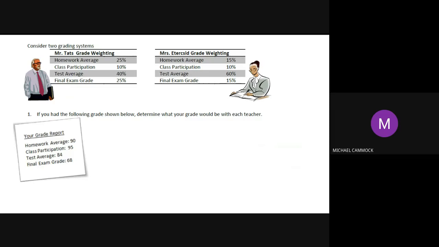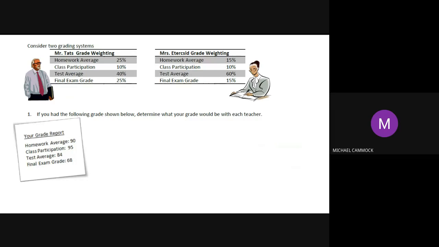Okay, so this is a weighting system by one teacher, Mr. Tat, and he gives 25% for homework, 10% for class participation. Your average on tests, he gives 40%, and your final exam, he gives 25%. Well, this other person over here, she has a different weighting system. She gives less for homework, the same for class participation.